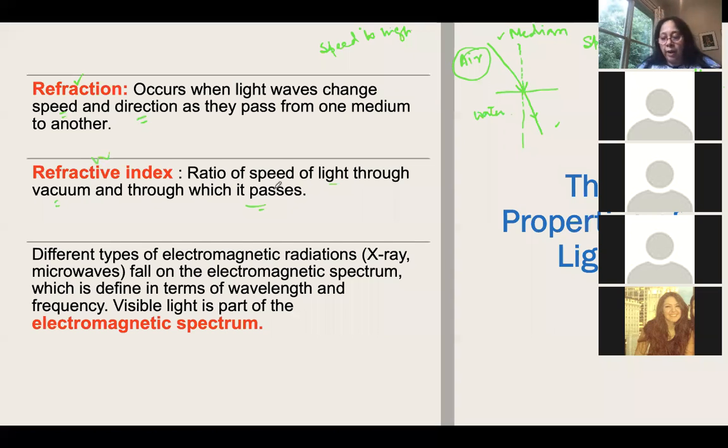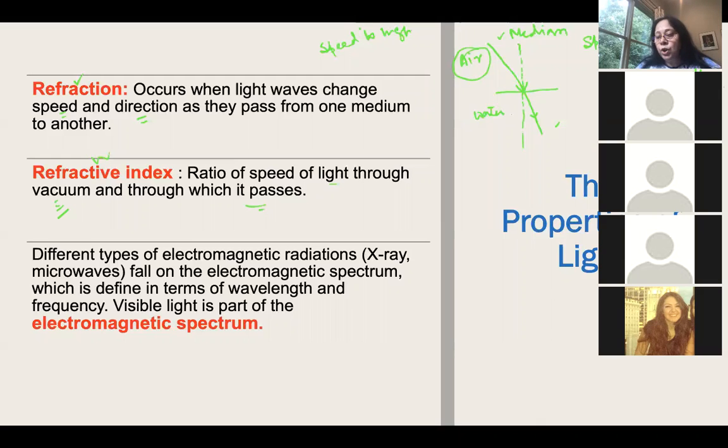We have a constant fixed rate over there, the speed of light. Every time we compare that amount with the speed of light in any other medium, like let's say we want to find the refractive index of glass.